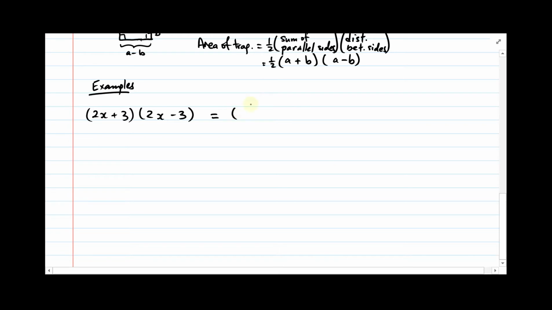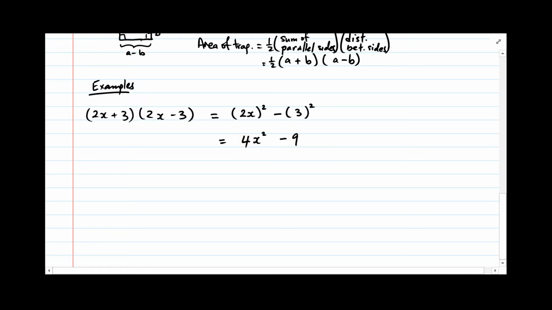Hence, we have the difference of two squares: the first term squared minus the second term squared. Now work out and let's see what we get. Remember, each item in the bracket is squared. 2x squared is 4x squared, minus 9.